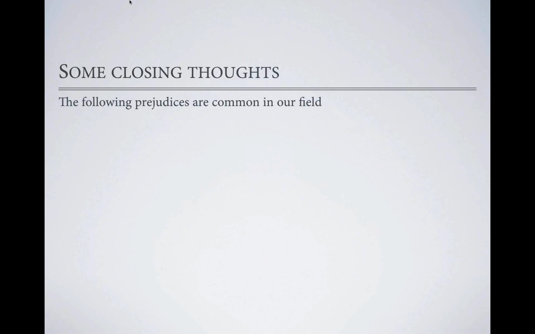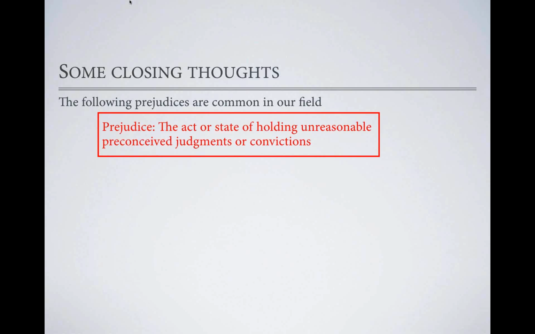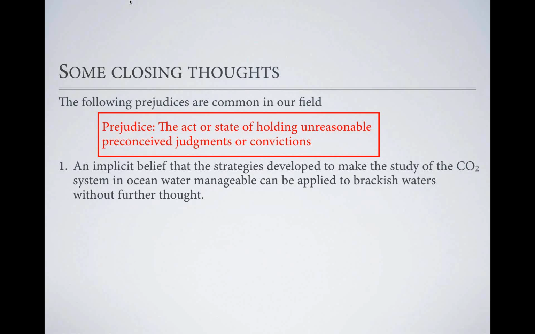So, some closing thoughts. There's a variety of prejudices common in our field. Unreasonable, preconceived judgments or convictions. First, an implicit belief that the strategies developed to make the study of the CO2 system or ocean water manageable can be applied to brackish waters without further thought. We've talked about the potential problems with equilibrium constants as you go to lower salinities.